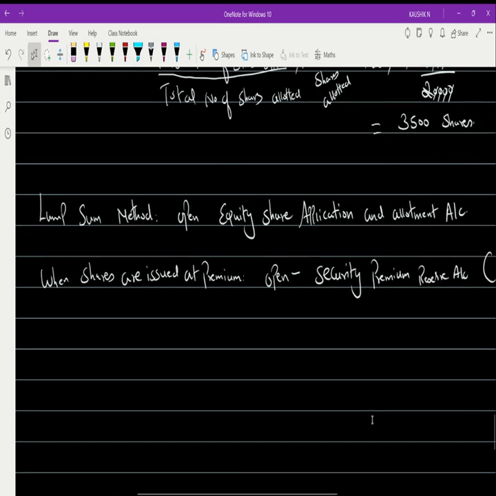And this securities premium reserve basically comes under the heads of liabilities. Am I right? SPR is basically a liability, okay, which will fall under the equity and liabilities category of your balance sheet. So, being a liability, initially it will be credited. When you are passing the journal entries, the SPR account, why you are crediting is, it is a liability.